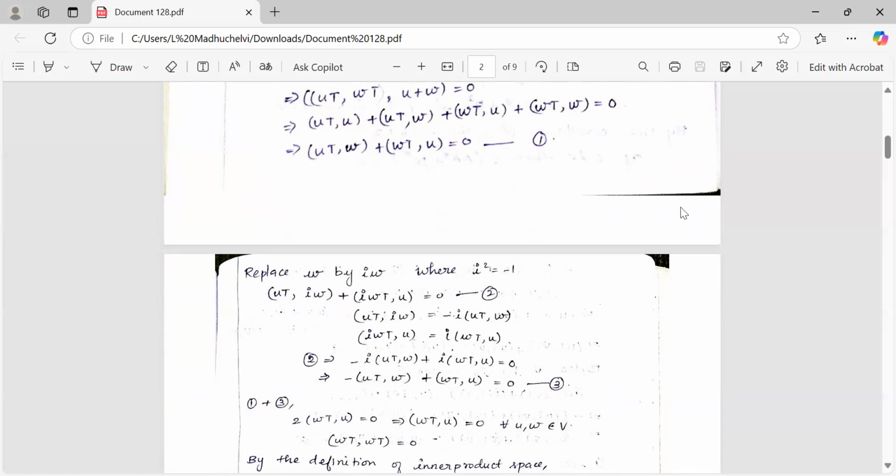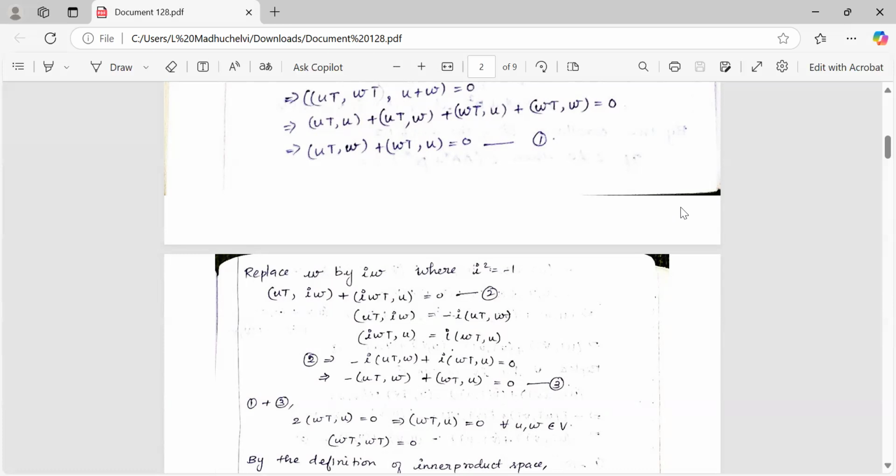If you simplify by using the facts that (uT, iw) can be written as minus i (uT, w) and (iwT, u) equals i times (wT, u), using this we get minus i (uT, w) plus i (wT, u) equals 0. This gives minus (uT, w) plus (wT, u) equals 0.